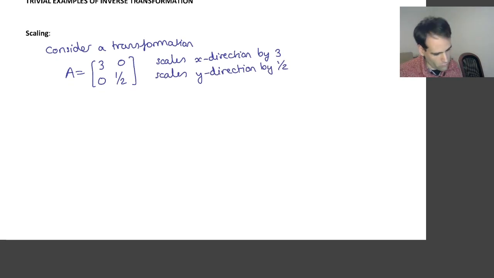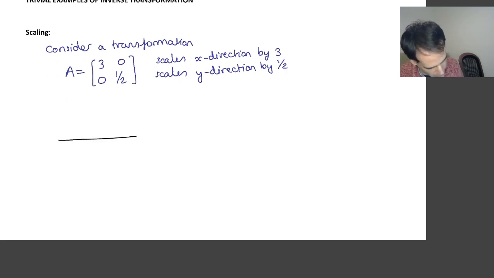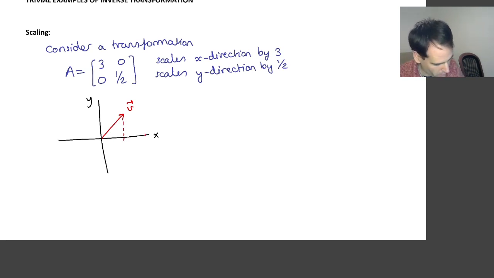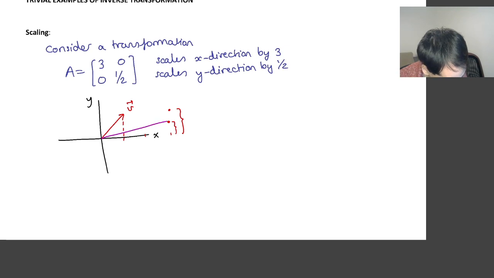So, for example, if we have this xy plane and we have a vector v here, so the x component we multiply by 3, so we end up here, but the y component we divide by half. So instead of this, we end up with half of it. So we end up here. So this would be our endpoint. This would be A times v.